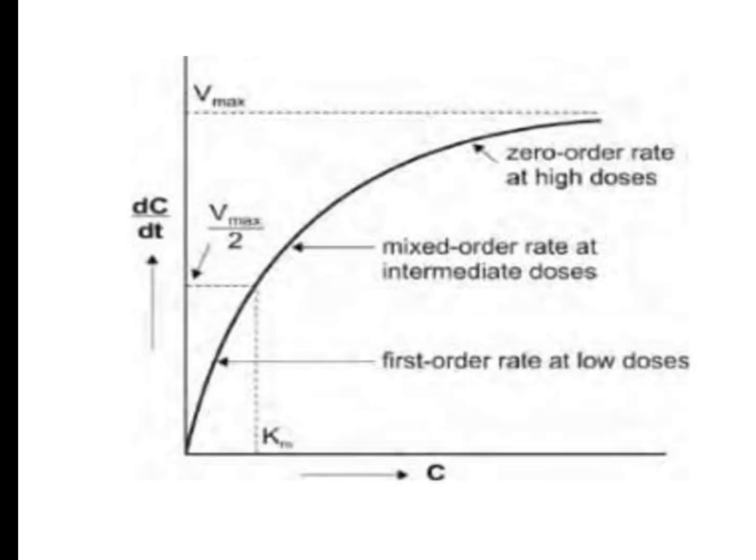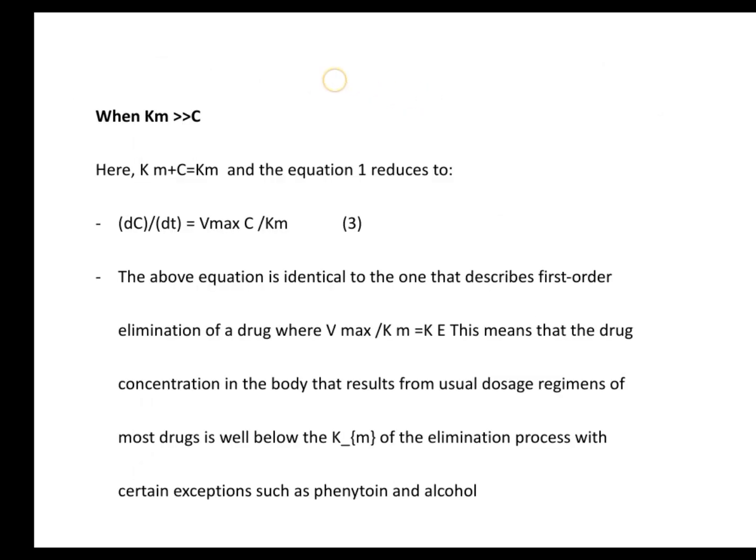The graph is shown between the elimination rate, dC by dt, versus concentration. The graph is also shown in this video, where Km is greater than C. Here Km plus C is approximately equal to Km, and the equation reduces to negative dC by dt is equal to Vmax C divided by Km.